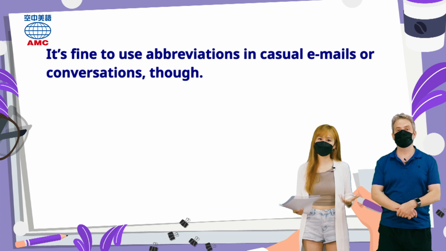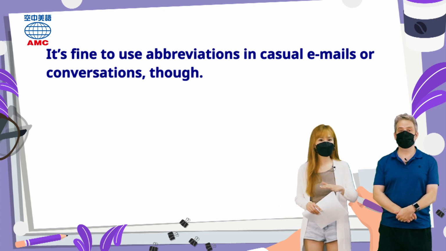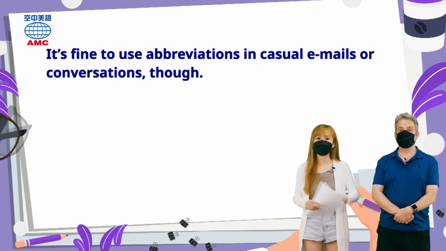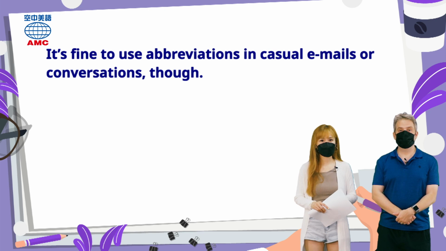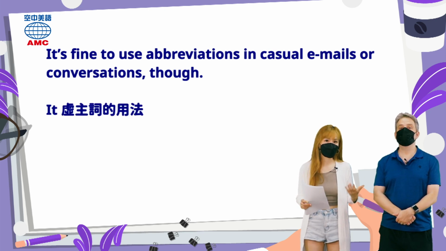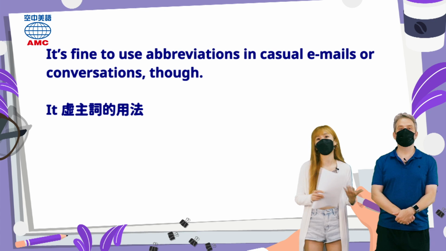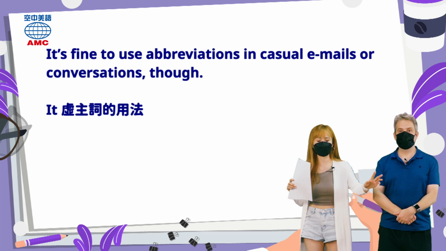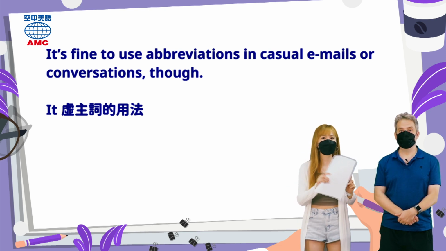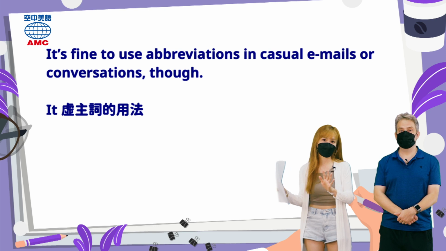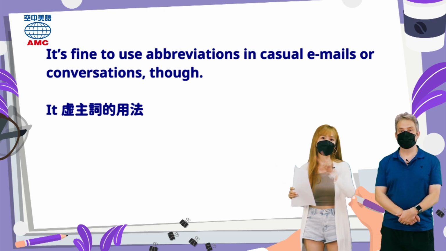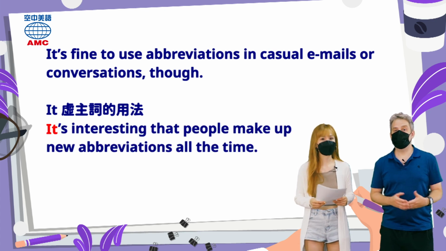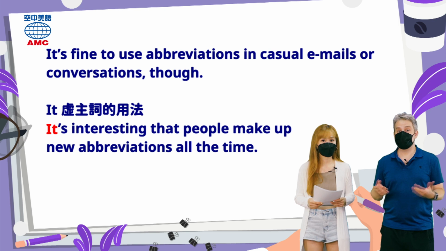没错，这首课文接着又说，可是呢，在比较不正式的 email，就是电子邮件或者是对话当中，我们就可以使用这个缩写哦。那这里呢，我们其实有看到 it 的虚主词的用法，其实就是在讲它后面的东西。因为 it 如果我们把它放在主词，一个很长的主词，就会觉得说太长了，所以我们把它放在后面的不定词后面的那个片语呢，动词片语其实就是取代前面 it 要表示的。 Right, we could say it's interesting that people make up new abbreviations all the time.